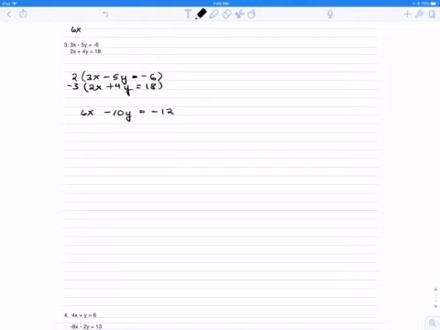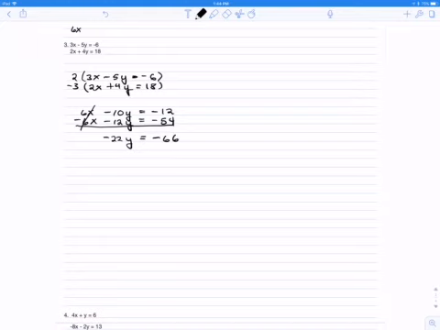The second equation, I'll have minus 6x minus 12y equals a negative 54. Now when I add the equations, the x's dropped out as planned. I have a negative 22y equals a negative 66. Divide both sides by negative 22. I get y equals 3.